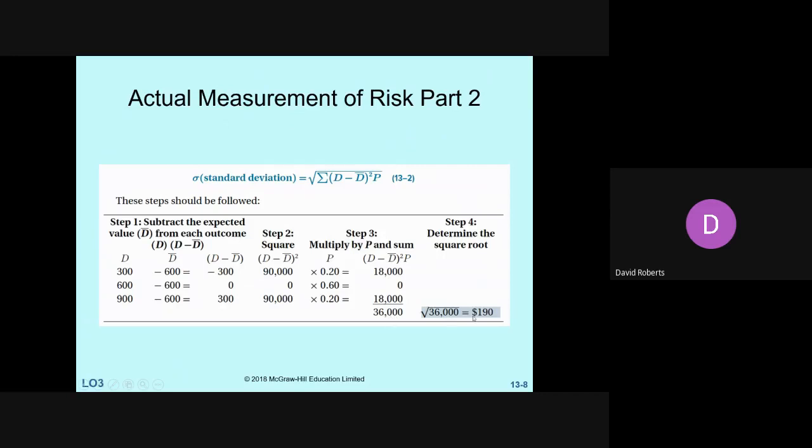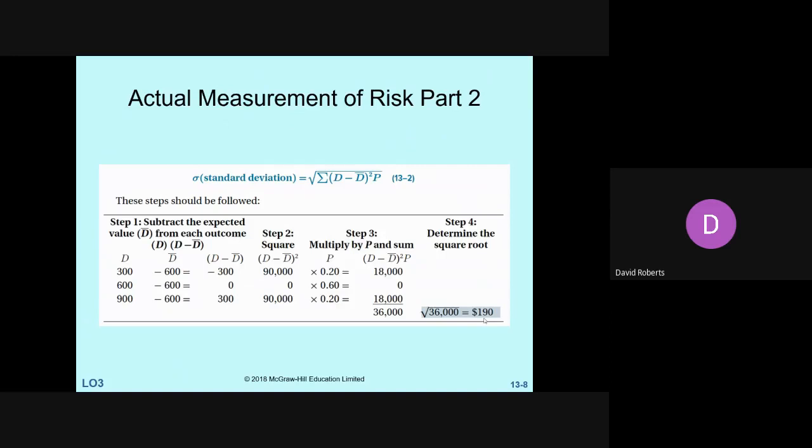And finally, you take the square root. That will give you the standard deviation. So all of this is done to calculate the standard deviation of $190. So you have an average of $600, and a standard deviation of 190.